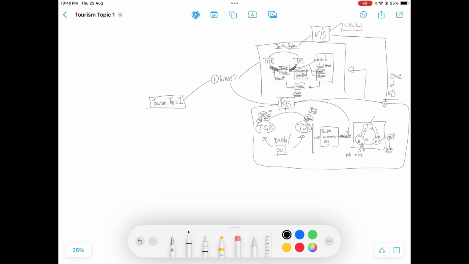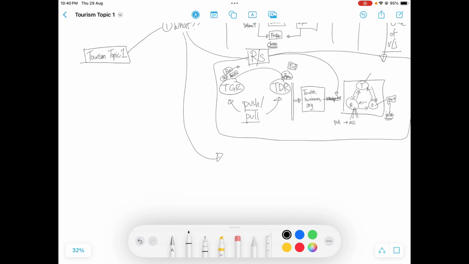Okay, there is actually something between. So what is the tourism system? There is a third thing that I want to talk about. It is how, after you establish the relationship, we talk about the interactions, right? The interactions between who?